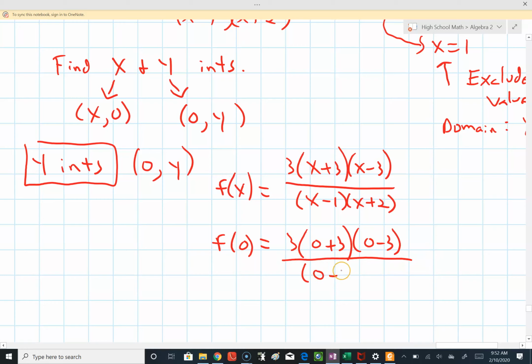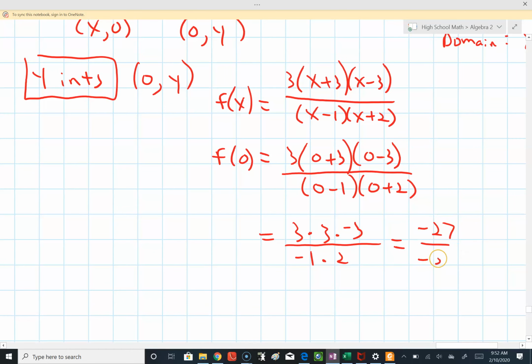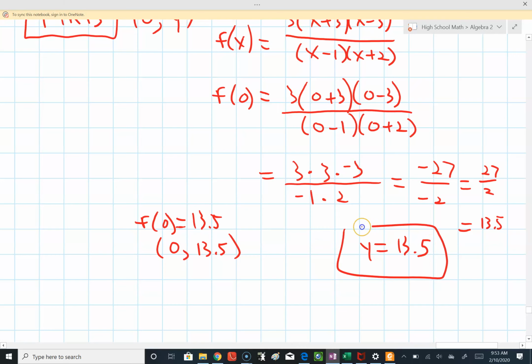Do that and put your pencil down when you're ready. I got 13.5. Did anybody else get that? 27 over 2.